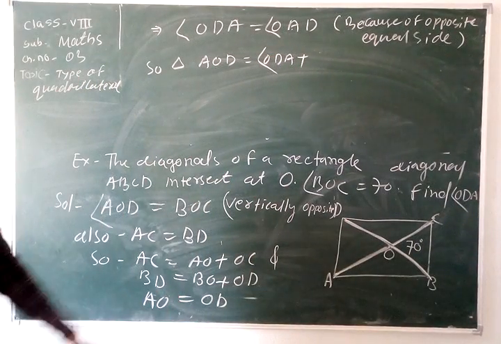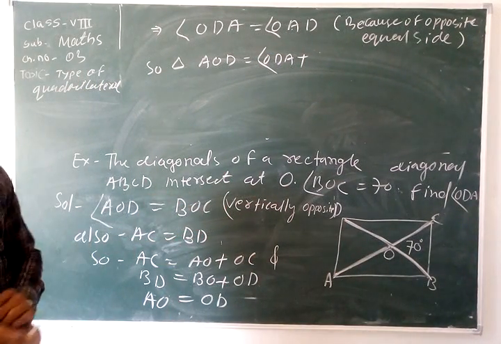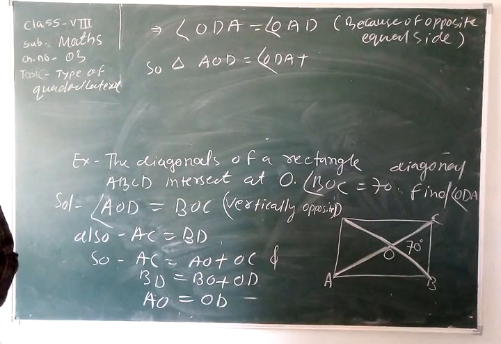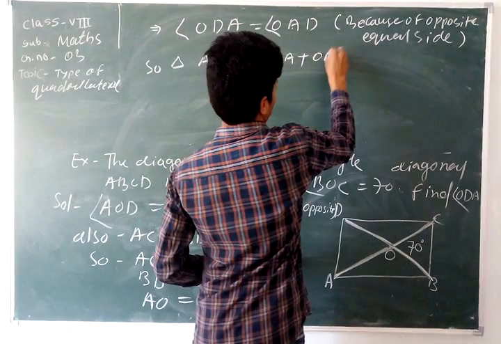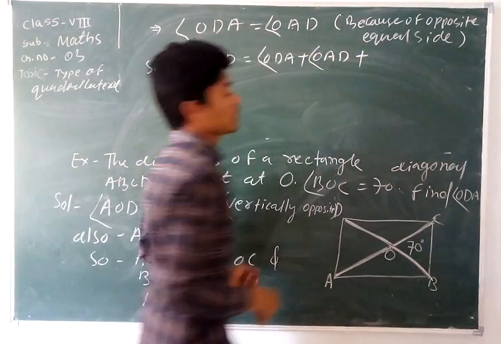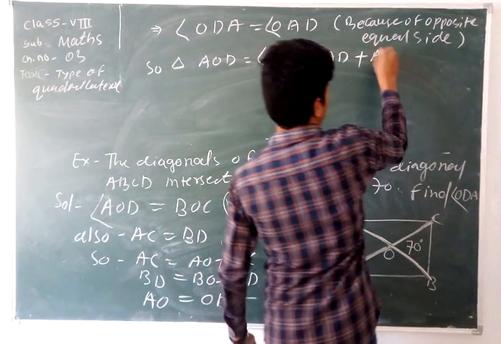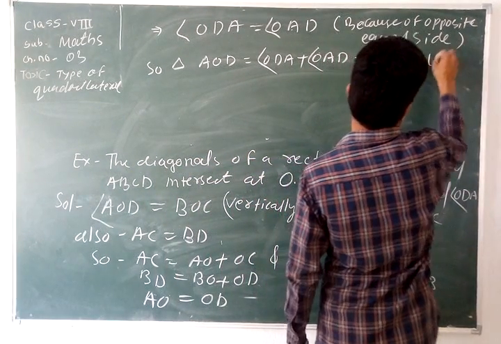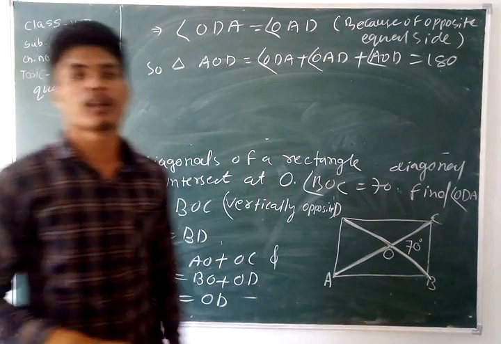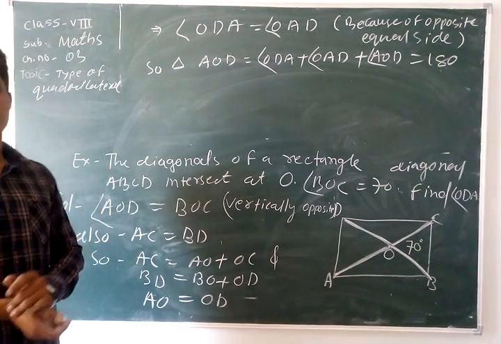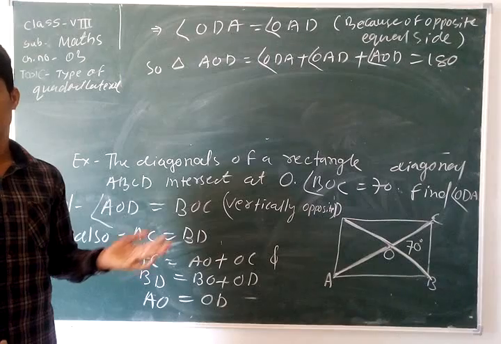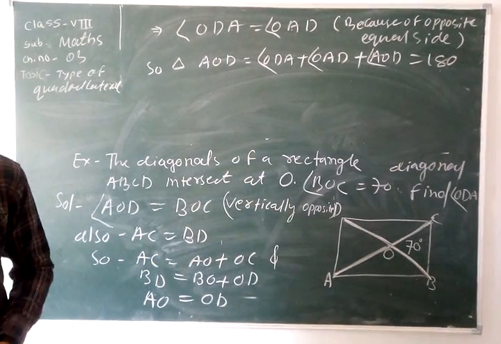In triangle AOD, which three angles are there? OAD, ODA, and the last angle is AOD, equal to 180 degrees. We know that the angle sum property of a triangle is 180 degrees.